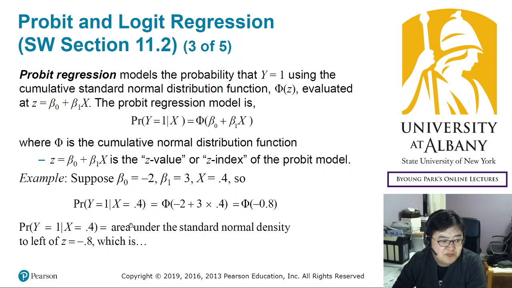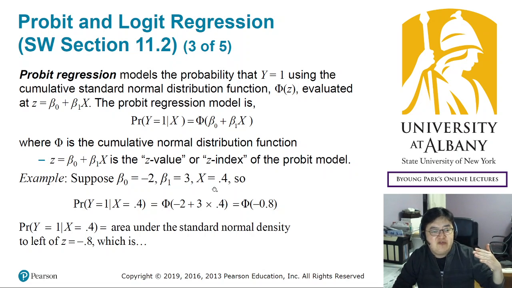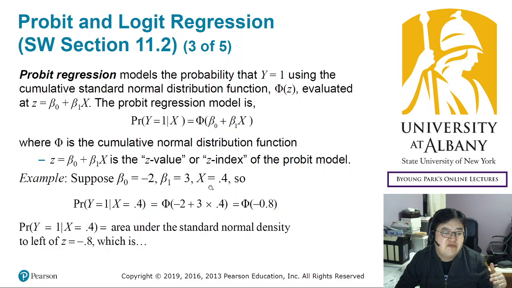So for example, suppose that your score starts at -2. This is just an example. Suppose that if your PI ratio is 0, then your score is -2. And for each additional unit of PI ratio, your score will increase by 3. Then your score will be calculated this way, and you get a score like, say, -0.8.